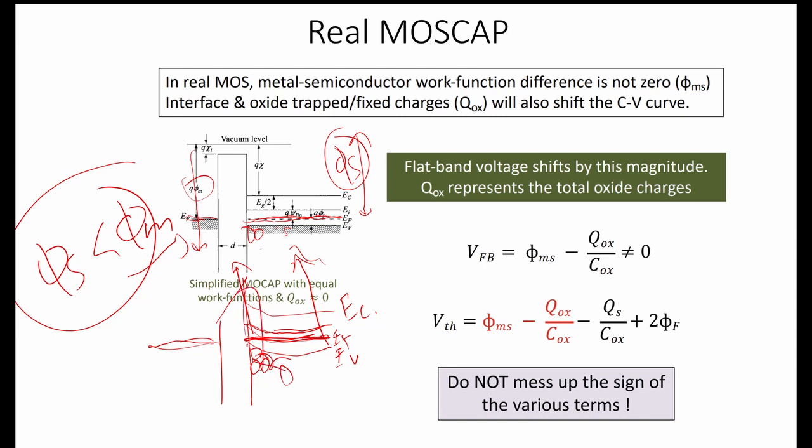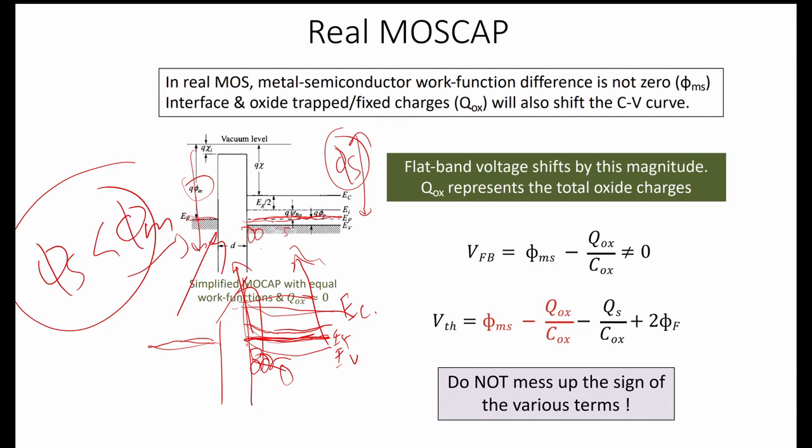So we need to apply more voltage first to make it flat band. First we need to apply more voltage to make it flat band like this, and then it will go into the depletion region and then the inversion region.